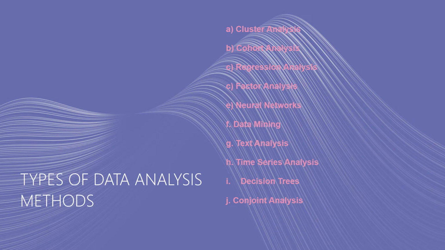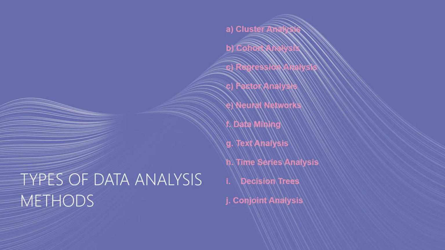So types of data analysis would be grouped into cluster analysis, cohort analysis, regression analysis, factor analysis, neural networks, data mining, text analysis, time series analysis, decision trees, or conjoint analysis.